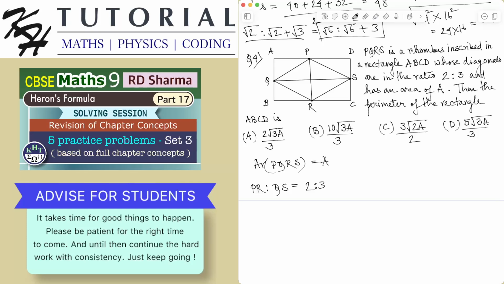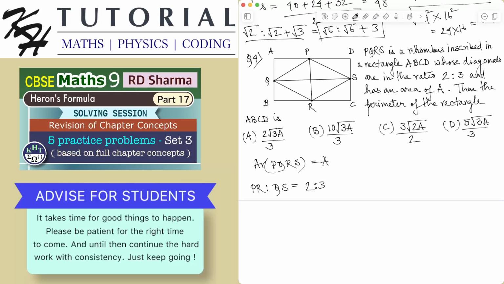Then we have to find the perimeter of the rectangle ABCD. To find the perimeter of the rectangle ABCD, clearly we need to know either the width and length, or the sum of the length and width.